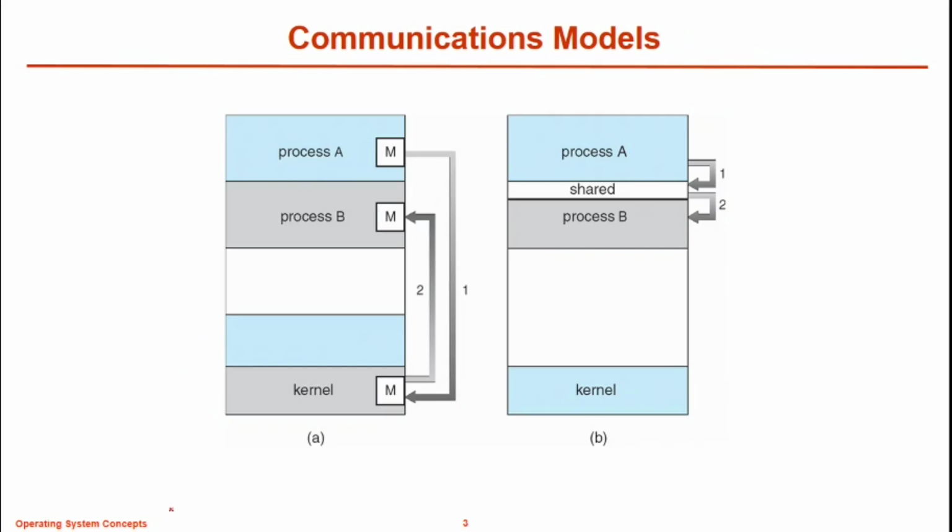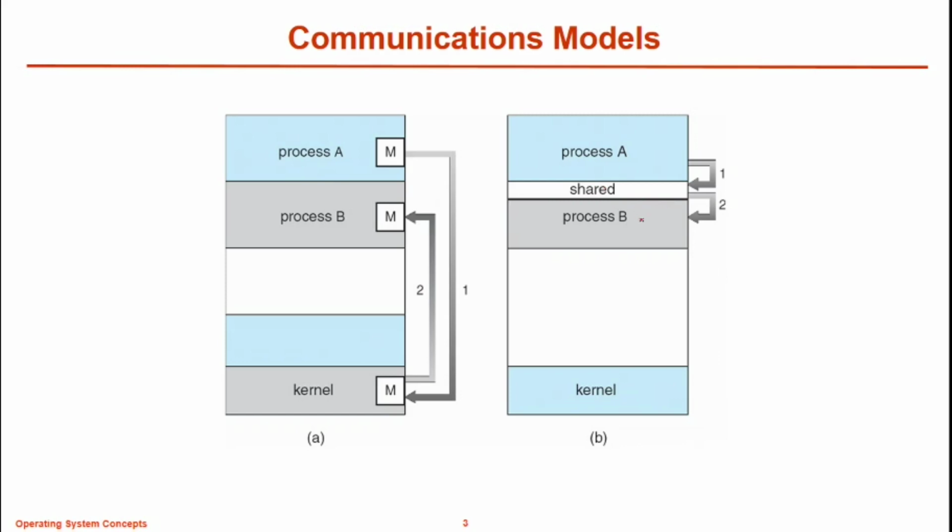The diagram B is shared memory, and the message passing model is A. In shared memory, inter-process communication requires the communicating processes to establish a region of shared memory.